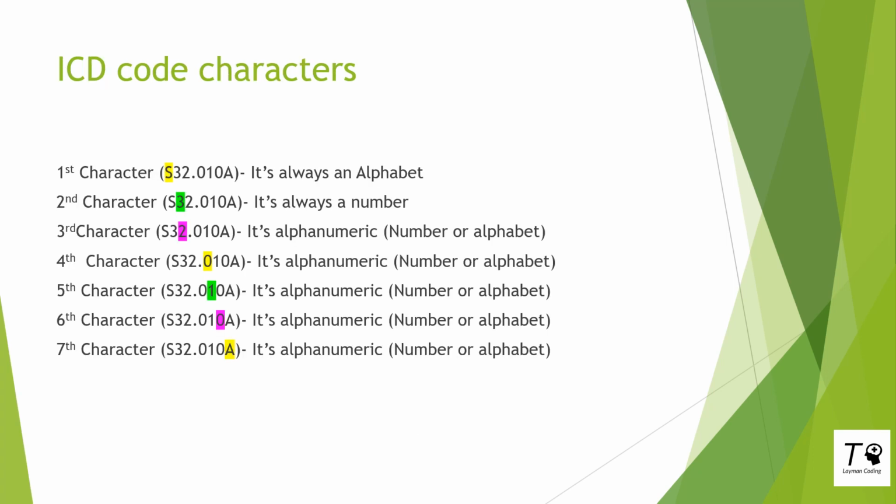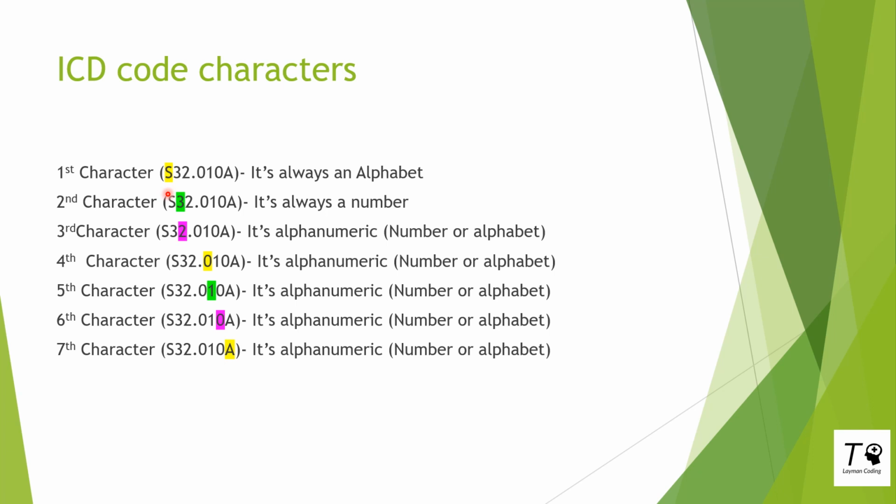Let's now learn the details of each and every character in a code. The first character is S. If you see here, I will show you. The first character is S, which is always an alphabet, remember. And this S indicates that it belongs to chapter 19.